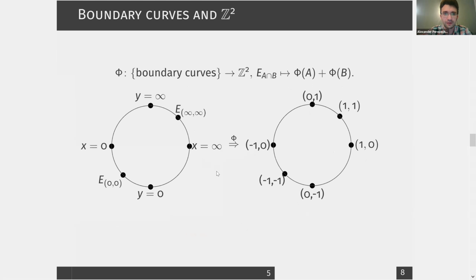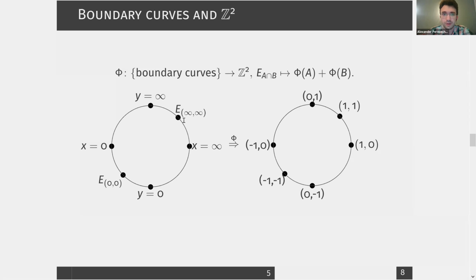So if we have again two boundary curves that meet at some point, for example, y equals infinity and x equals infinity, they meet at point infinity, we can blow up these intersection points. And then we can indefinitely blow up all intersection points. And then we obtain all possible boundary curves.